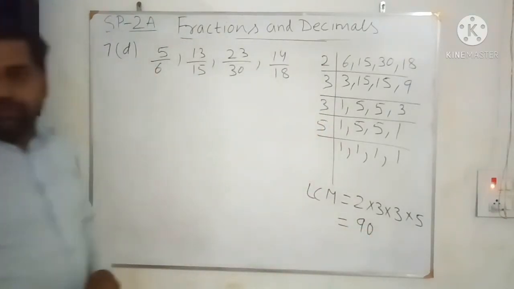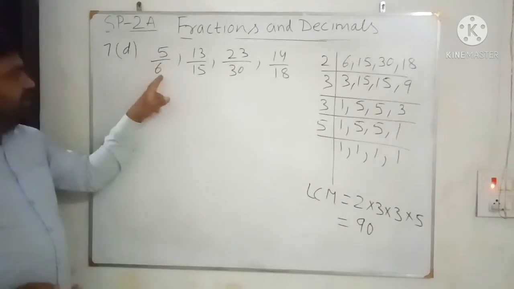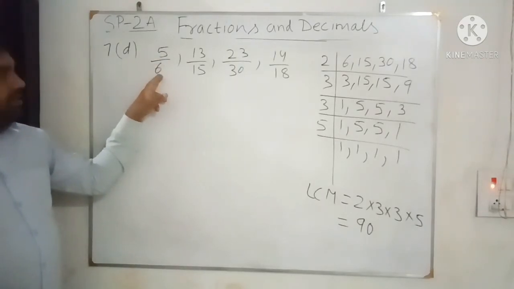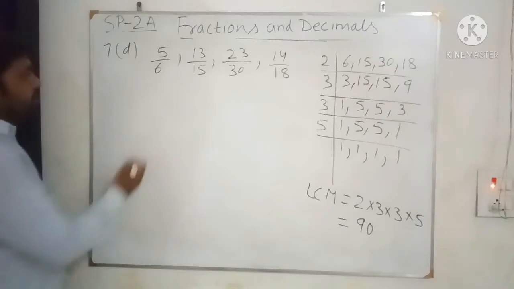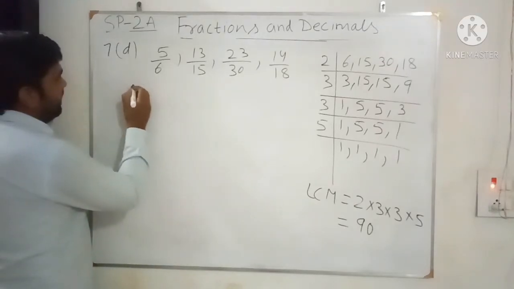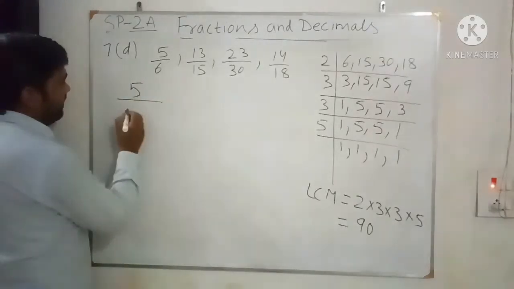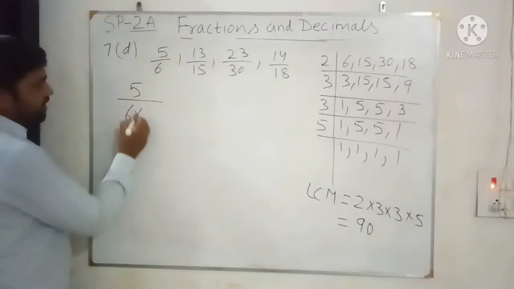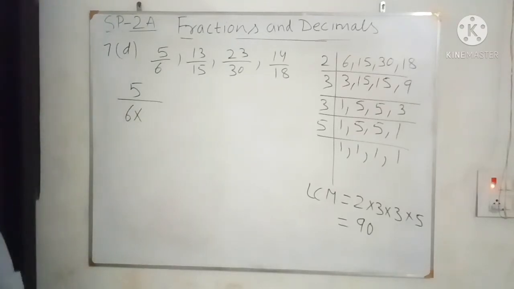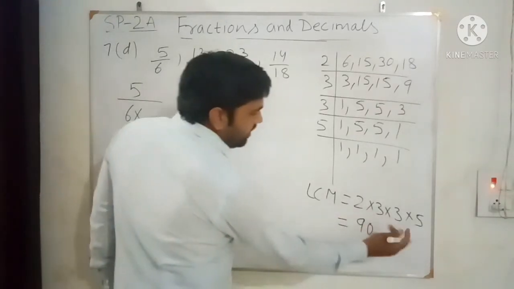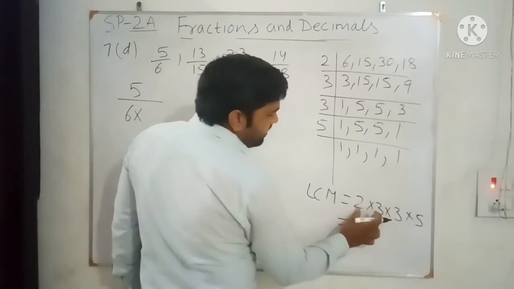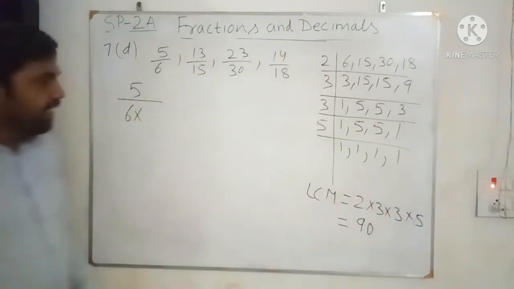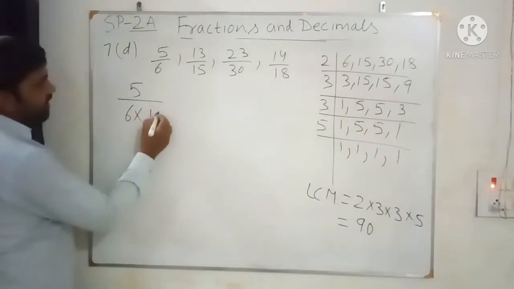So what we do is make the denominator of each fraction equal to the LCM, 90. Now see here, in 5 by 6, what do you multiply in 6 so that this denominator becomes equal to 90? 6 into 15, 15 6s are 90.